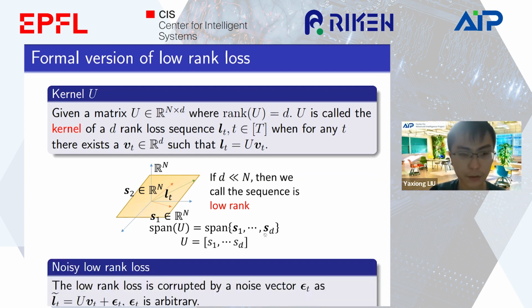And frankly speaking, the noisy low rank loss is straightforward: for each low rank structure U times v_t, we add an arbitrary noise vector epsilon_t, and now we have a noisy low rank loss. One thing I want to mention is that no matter what this noise vector is, the d-rank loss vector has been totally damaged.